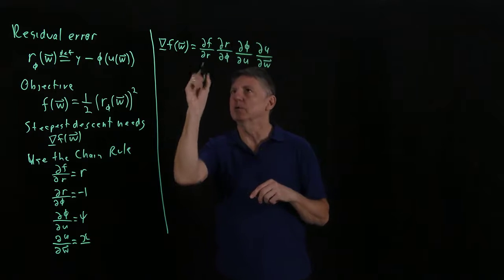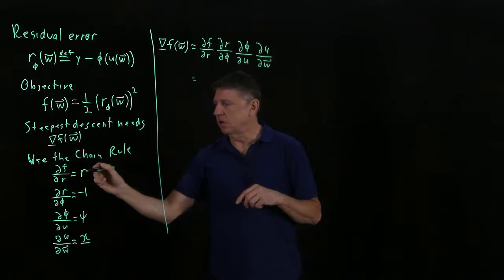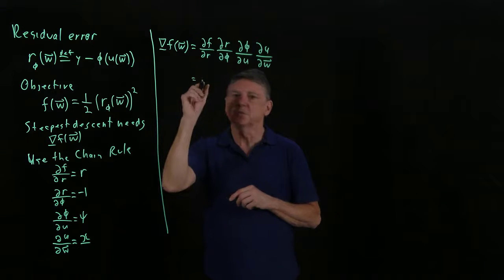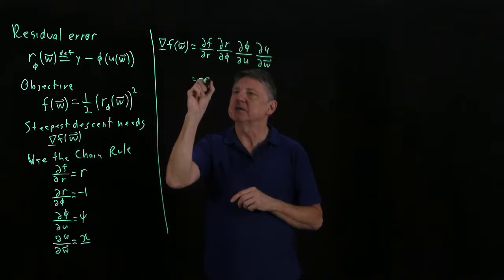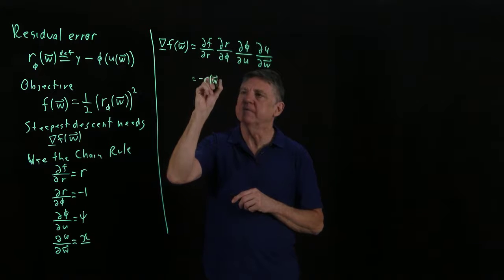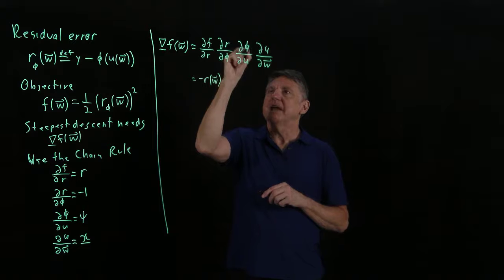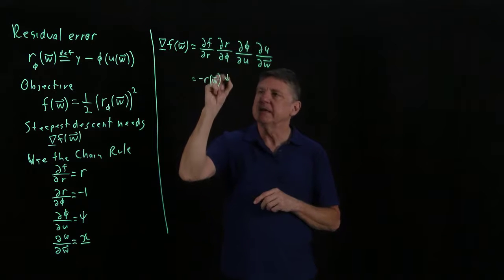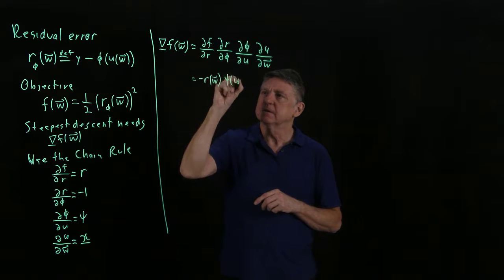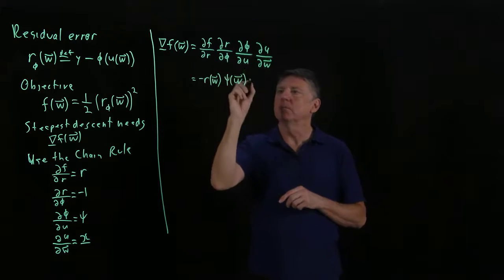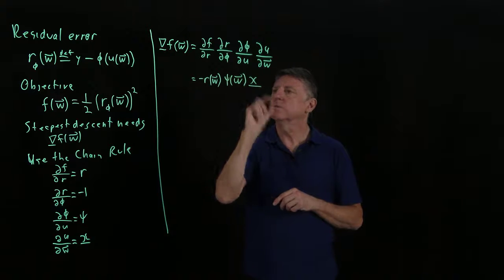And that equals: derivative of f is r. Derivative of r is minus 1, so we can abbreviate that as minus r. Now let's add in that weight vector so it's really clear. Derivative of the activation function, we're writing that as the function c. And then we multiply by the one form.